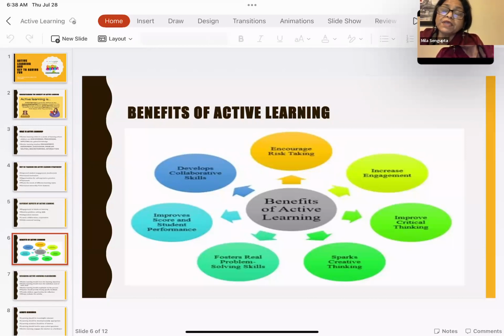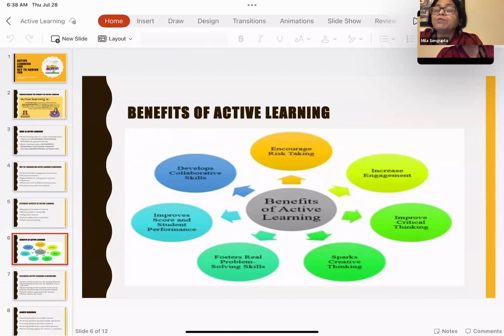It helps in the academic field as well, where research has proven that this kind of inquiry-based active learning helps the children eventually to improve their scores or their academic knowledge, and they show better scores or better academic performance later in their life.